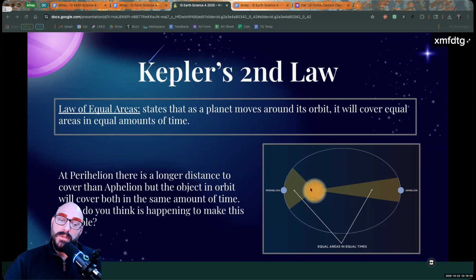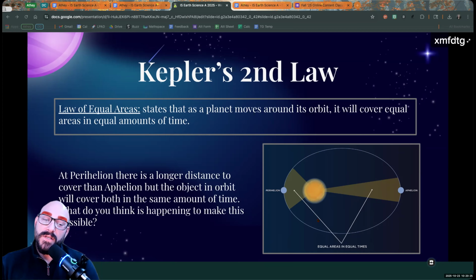So the gravitational pull is a little bit less. And when the planet's over here in perihelion, it's closer to the sun, so the distance is less, so gravitational pull is a little bit stronger. So as this planet is moving around, that slightly stronger gravitational pull is going to cause it to move around the sun faster when it's in perihelion than when it's in aphelion.